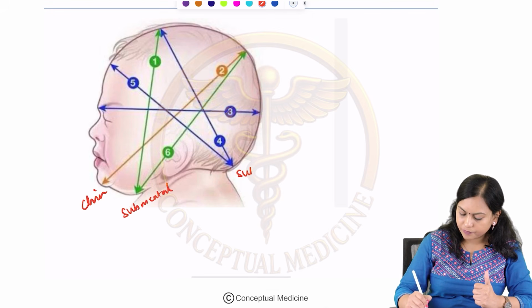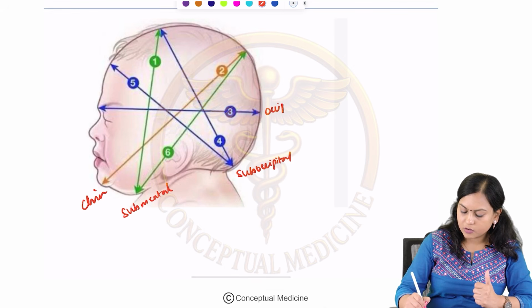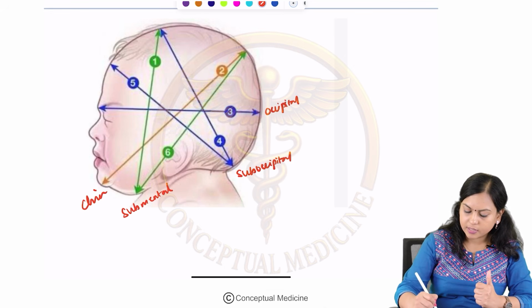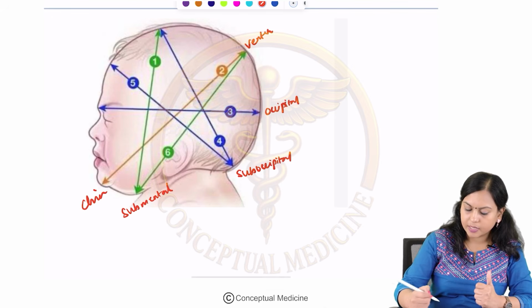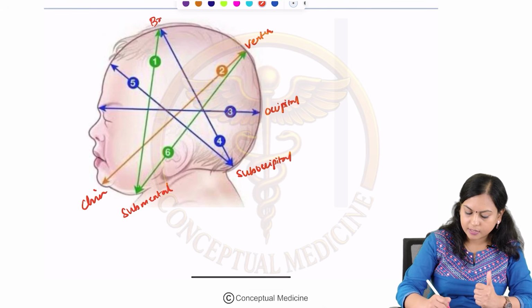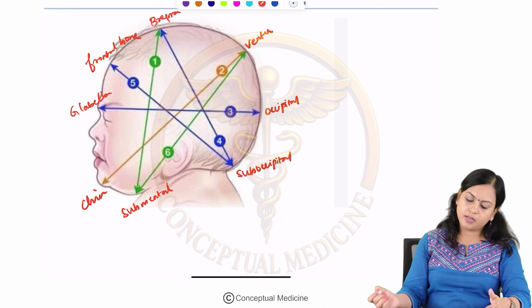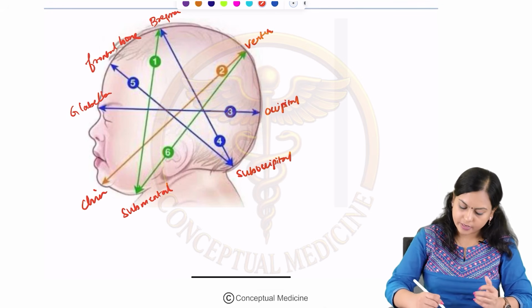This is the suboccipital region. This is the occipital region. This is the vertex. This is the bregma and here we have the glabella and this is the frontal bone, right. Now, identifying the diameters will be very easy for you.